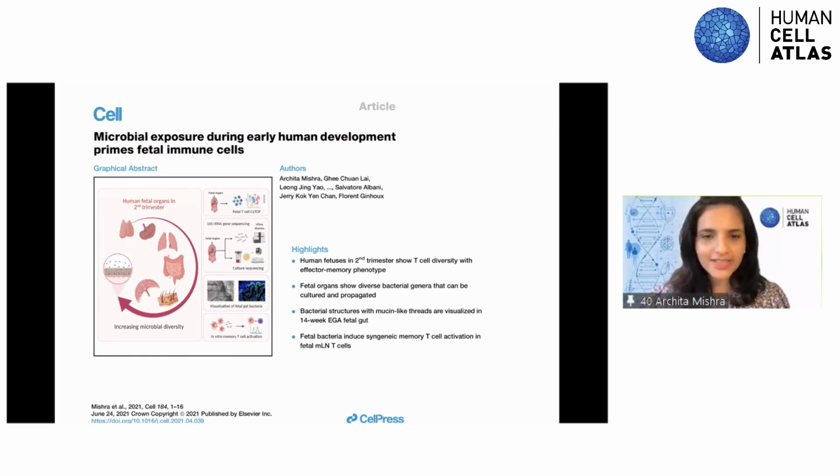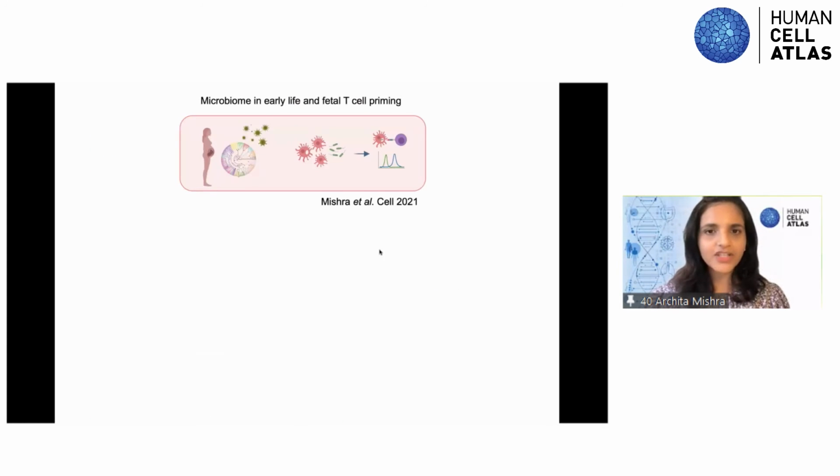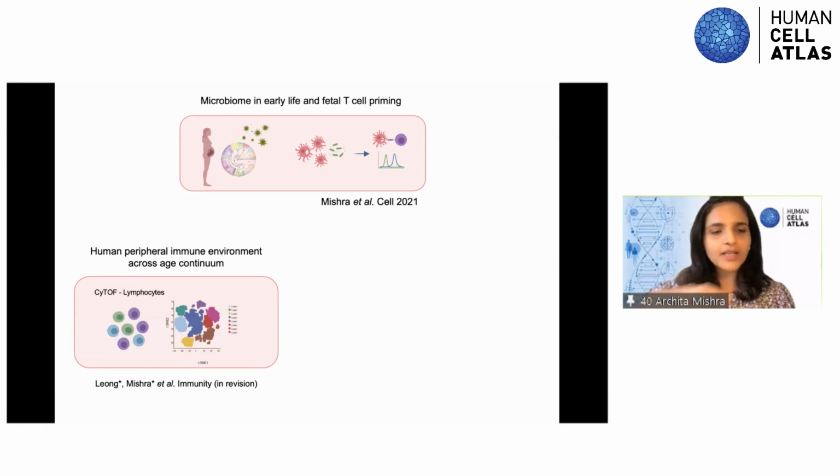And this paper was recently published, where we basically show how early life, like human fetal development, does harbor some microbes, and how these microbes interact with the immune cells, and they basically have a memory in that compartment. Along with this work, we are also making a continuous landscape of immune cells, especially T cells, ranging from the fetal till the neonatal, adult, and even pediatric stages, using again CyTOF.